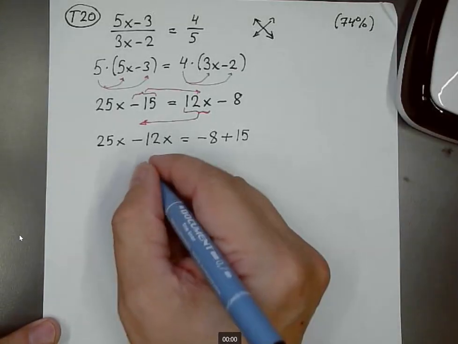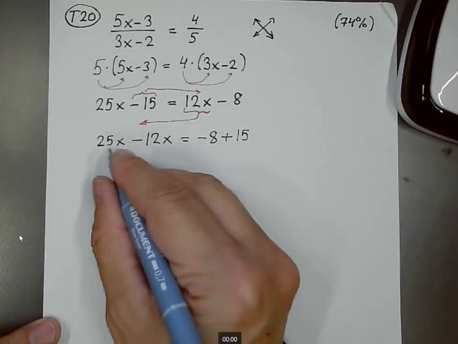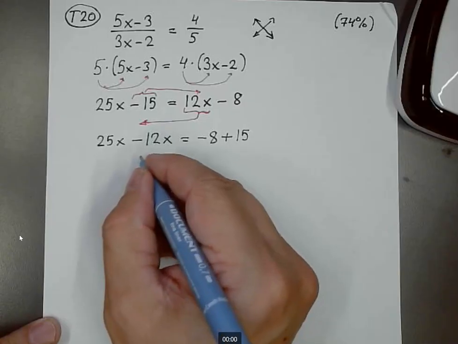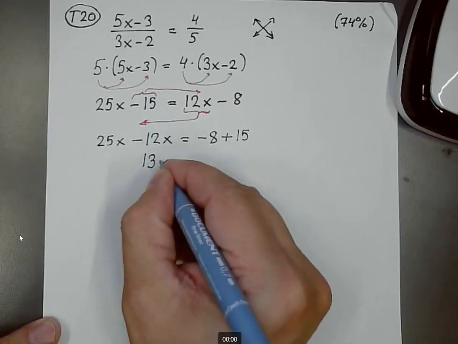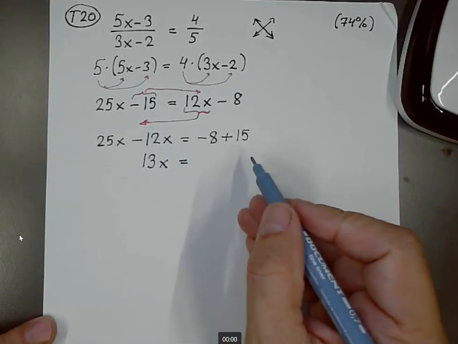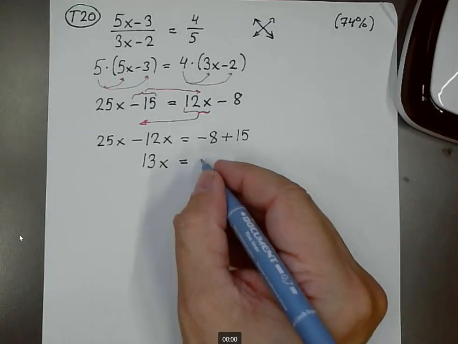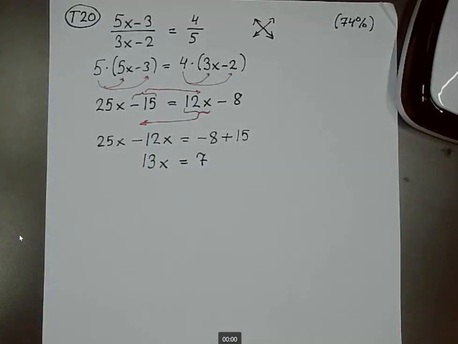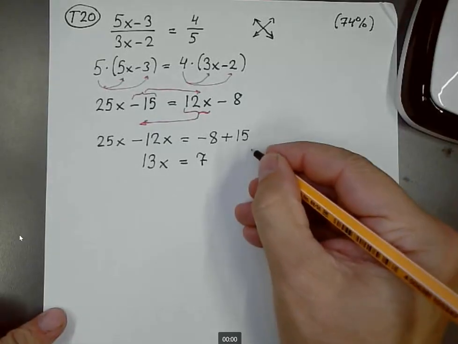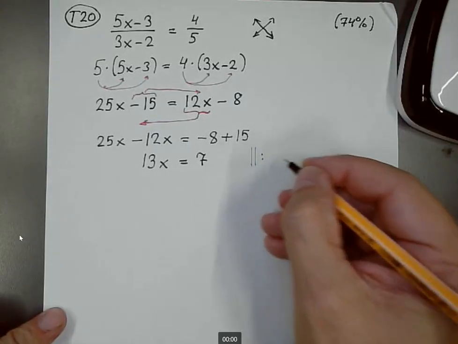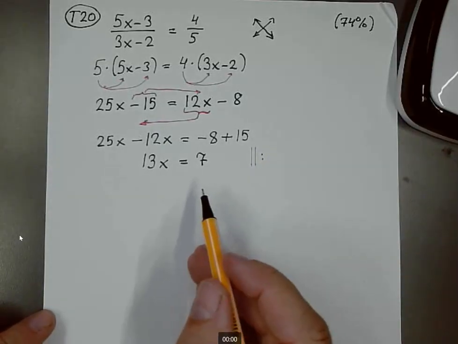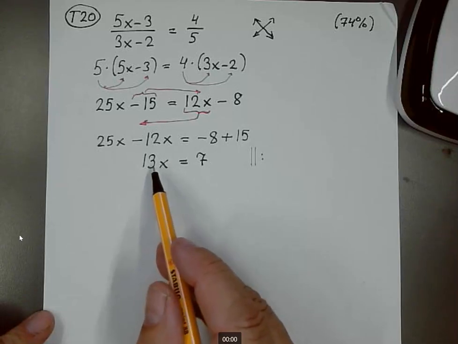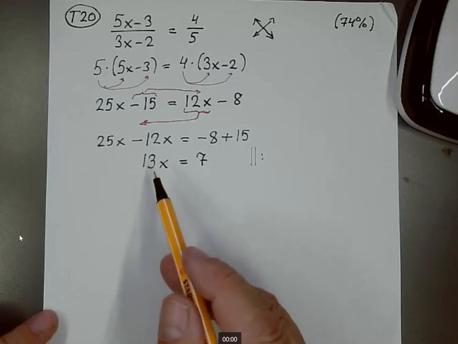And then we have 25 minus 12 equals 13x, and here minus 8 plus 15 is 7. 13x equals 7, and then we continue solving by dividing the equation by the factor of x.